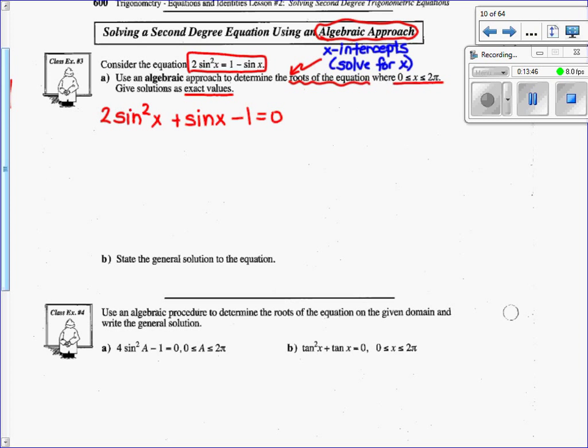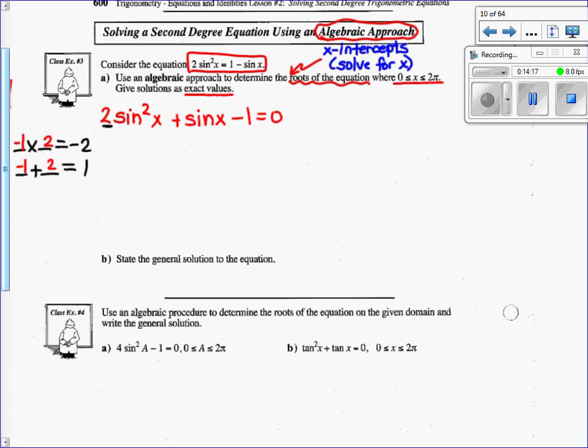So I'm looking for two numbers that will multiply to give me, now this again is a situation where I don't have just a 1 in front, I've got a 2 in front. So 2 times negative 1, they'll multiply together to give me negative 2. They will add together to give me positive 1. Okay, the numbers that I'm looking for are negative 1 and 2: negative 1 times 2 would give me negative 2, and negative 1 plus 2 would give me positive 1.